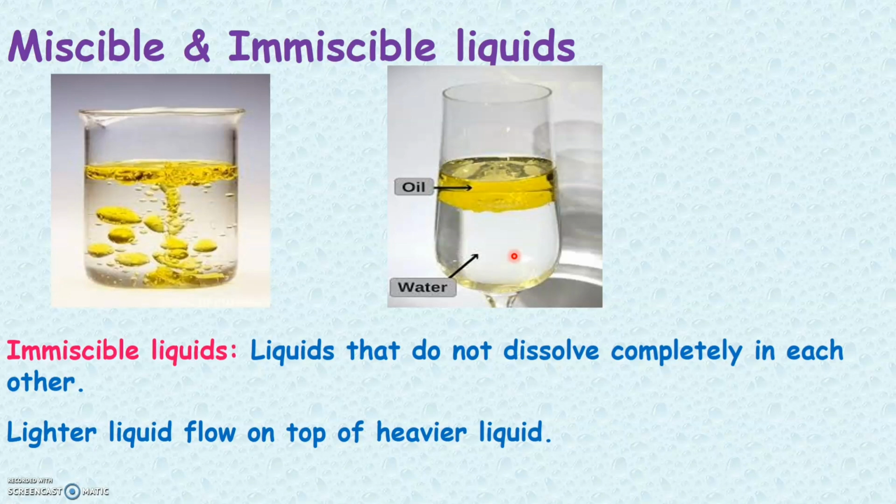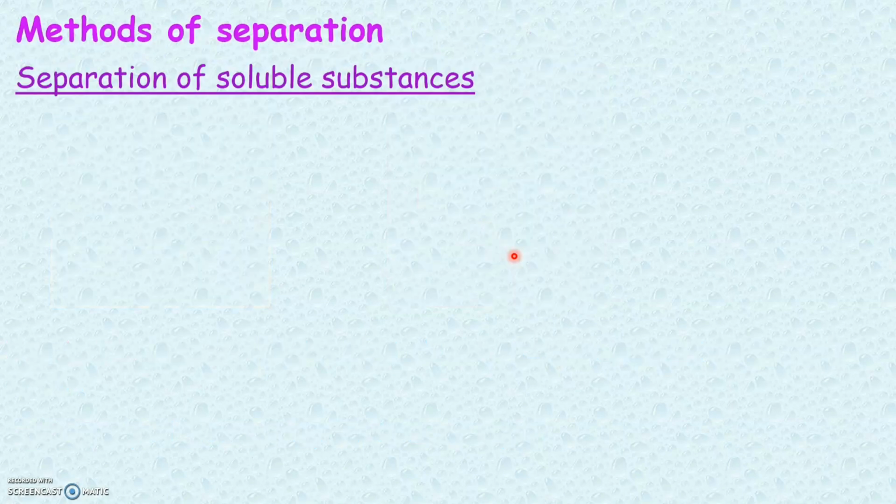Now let us move on to see different methods of separation. In today's class, we are going to learn the first method of separation, that is the separation of soluble substances. We have already learned what happens when salt is mixed with water.